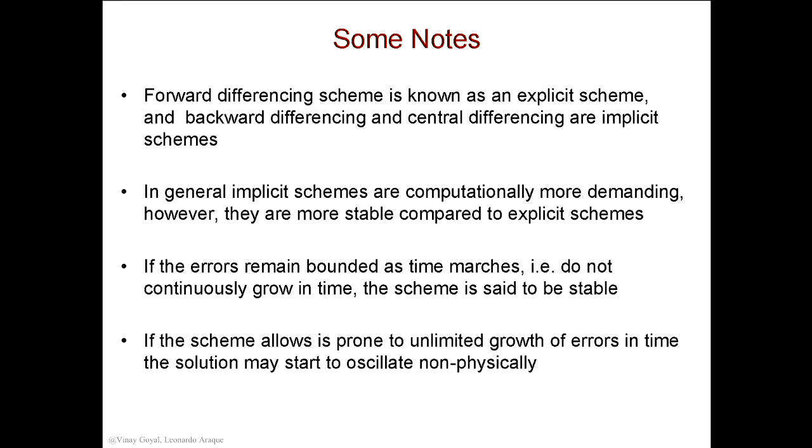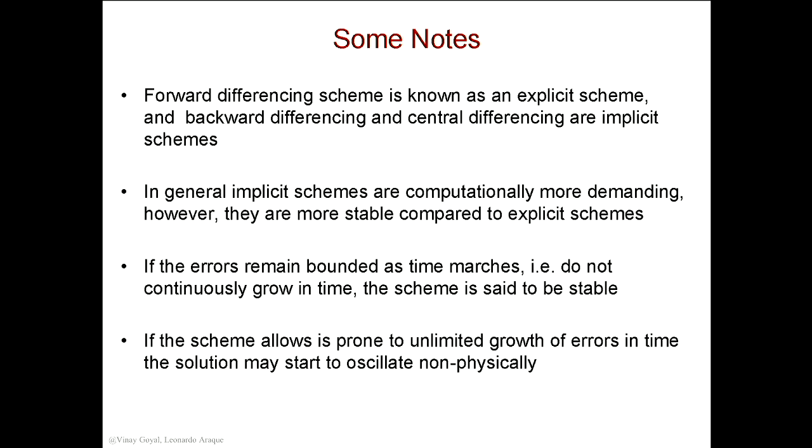Some notes on this. The forward difference scheme is known as an explicit scheme. Backward difference and central differencing are known as implicit schemes. In general, implicit schemes are computationally more demanding, but they are more stable.